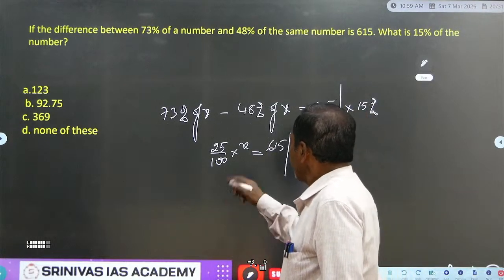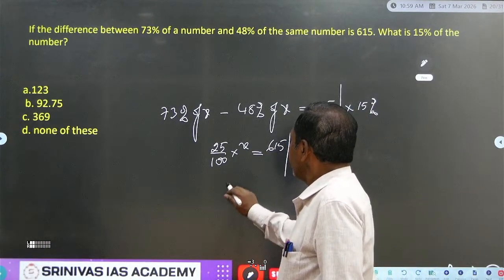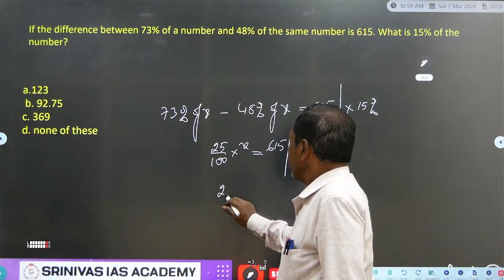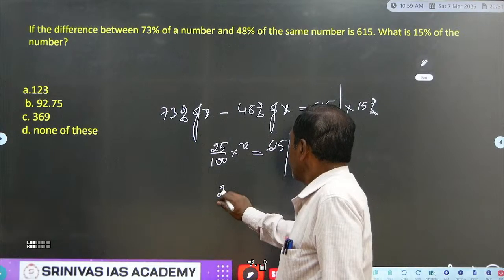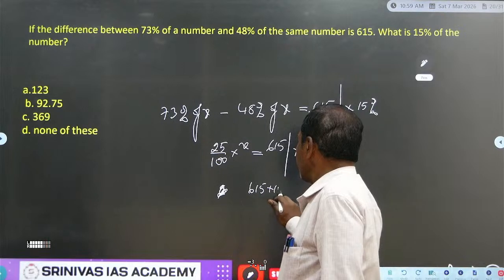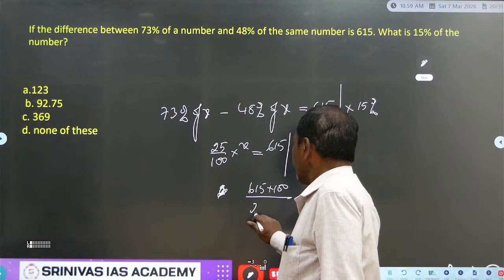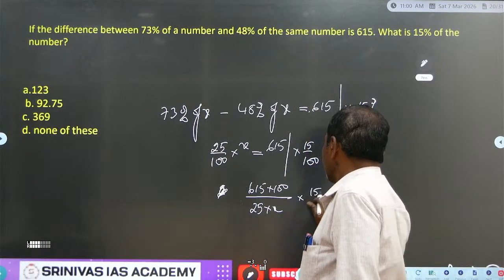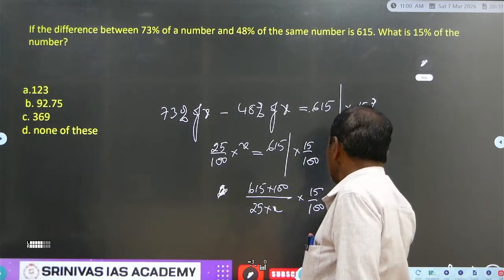Right. So now at a stretch you can finish the equation. Now 25, you can write 615 into 100 by 25 into 15%. We can solve.